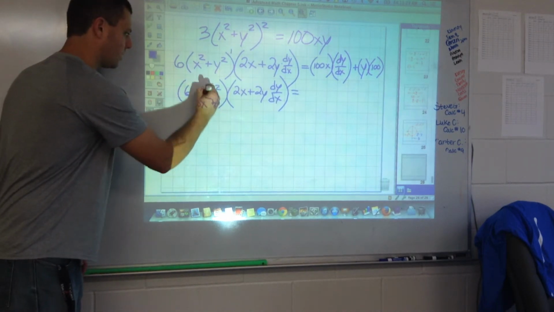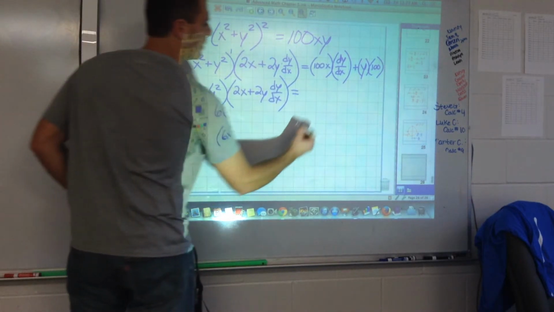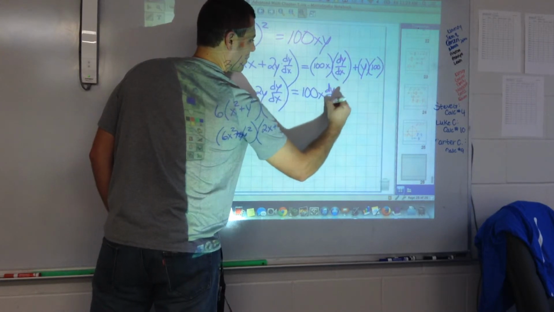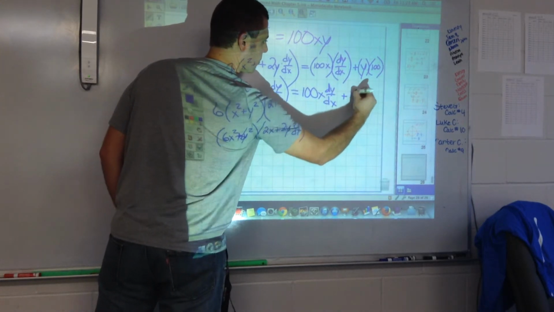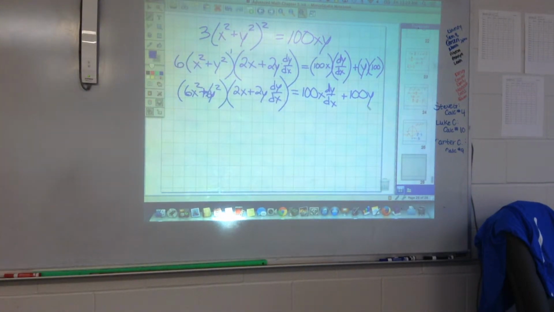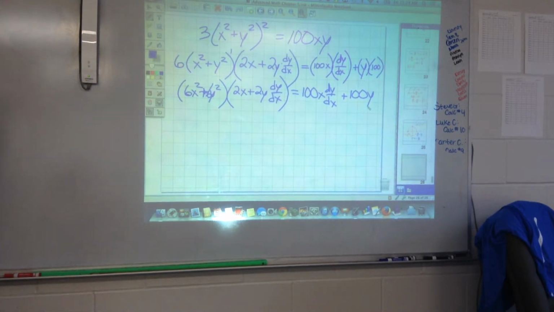Yeah, thank you. 6x squared plus 6y squared, sorry, times 2x plus 2y dy dx equals 100x dy dx plus 100y. The right side at least is simplified, but we still got some work to do on the left side.